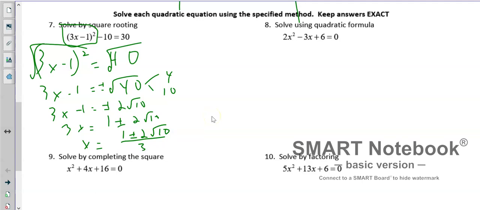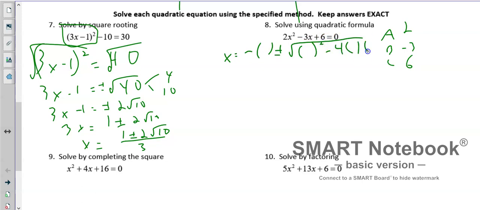Solve using the quadratic formula. First off, we need to identify a, b, and c. a is 2, b is negative 3, and c is 6. So x equals the opposite of b plus or minus the square root of b squared minus 4ac all over 2a.